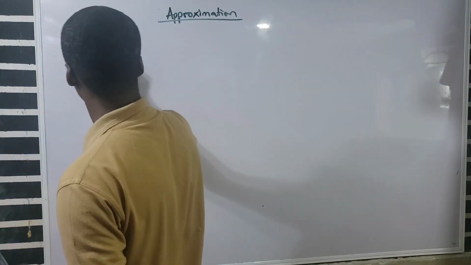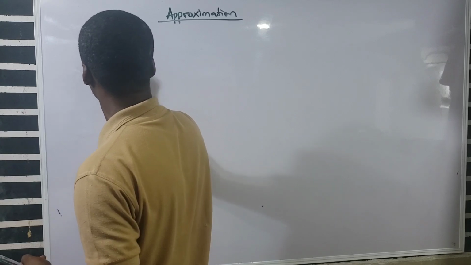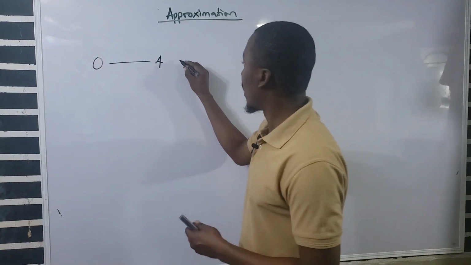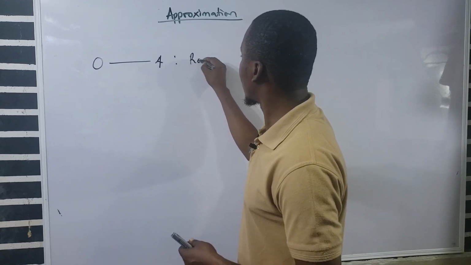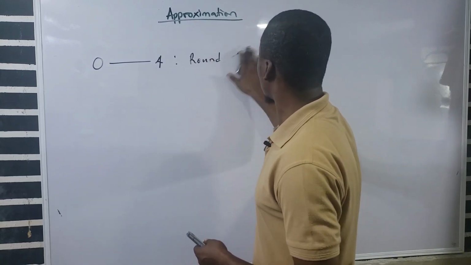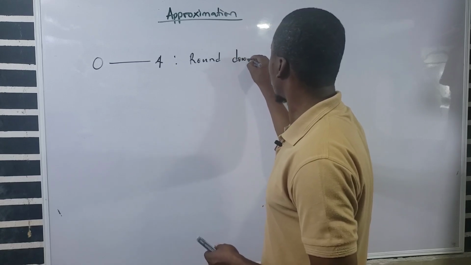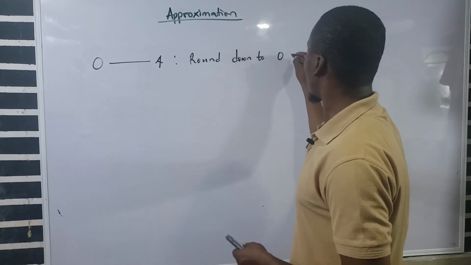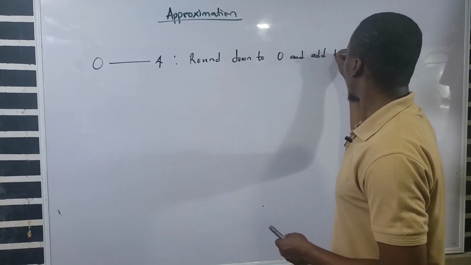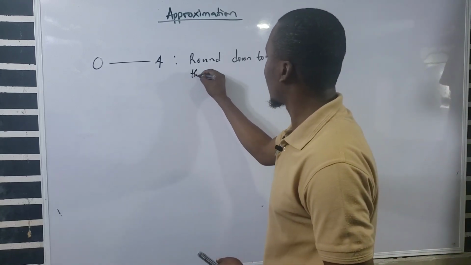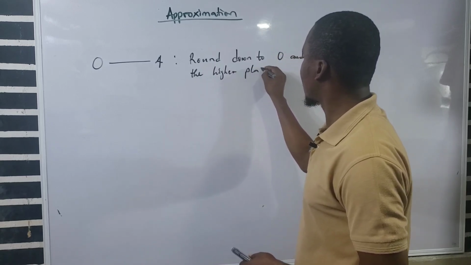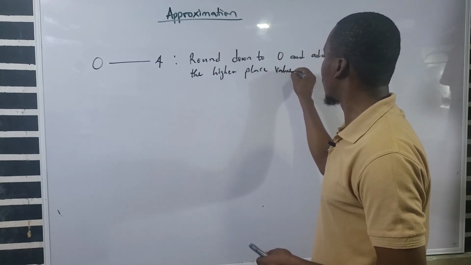Okay, when the last digit is between 0 to 4, we round down to 0 and add to the higher place value.